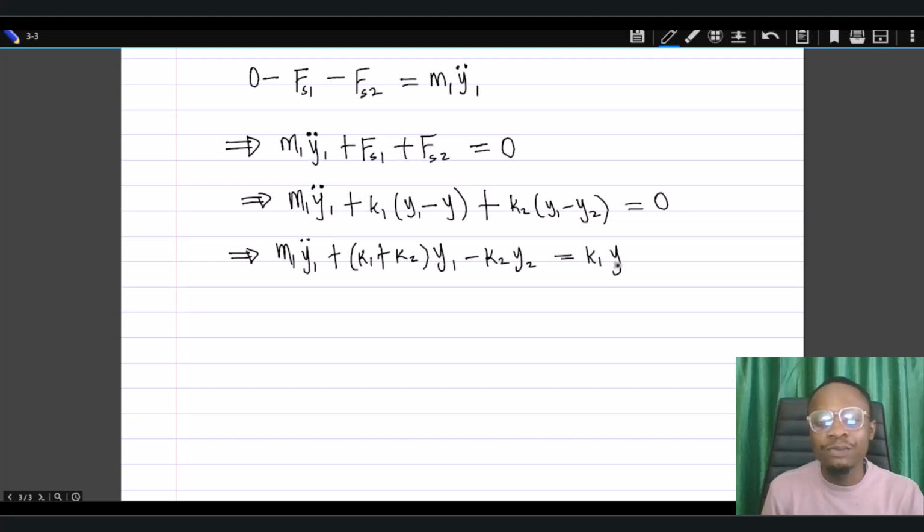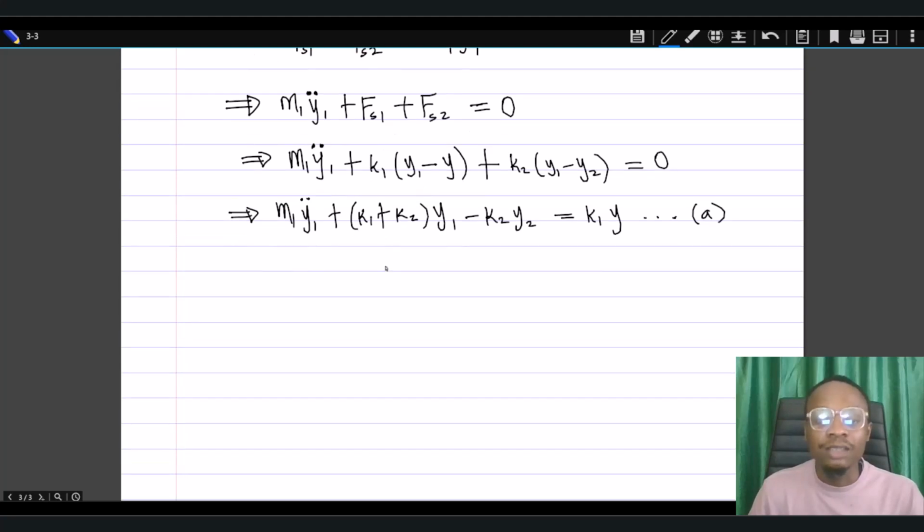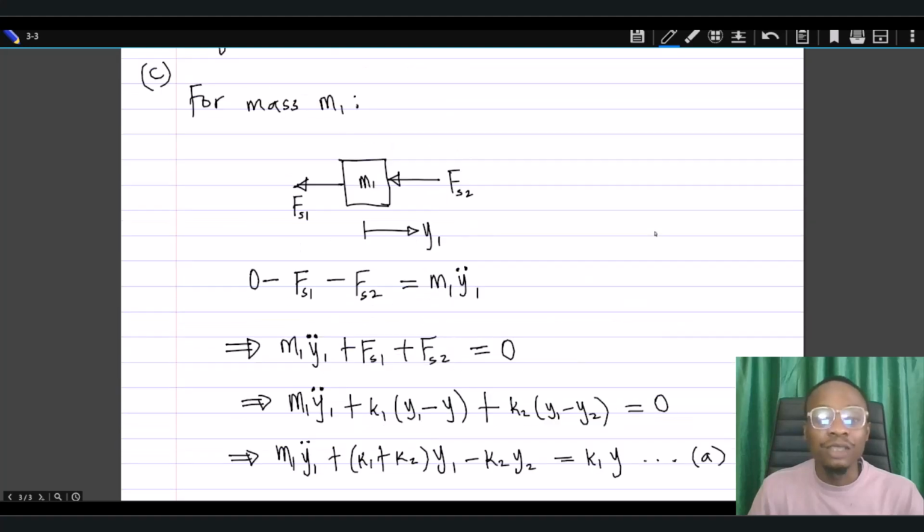So this is an equation that describes the motion of mass m1. It will form part of our mathematical model for the system at the end of the day. This is clear enough. We have moved this to this side because it is regarded as an input, just as we had so far.